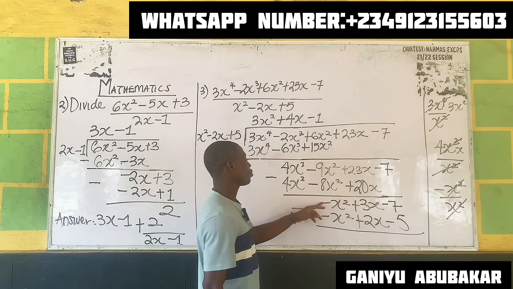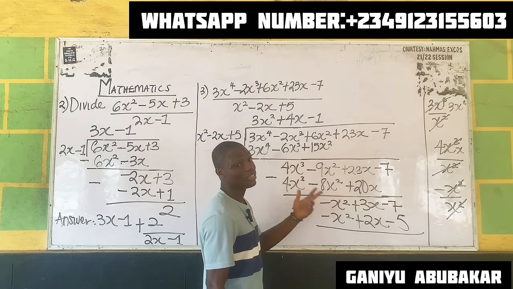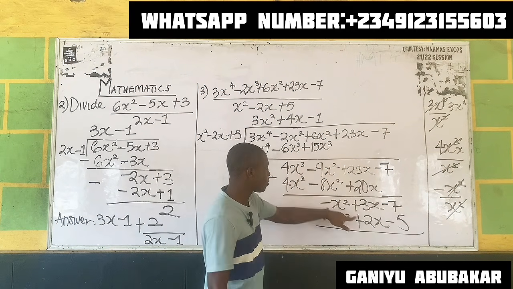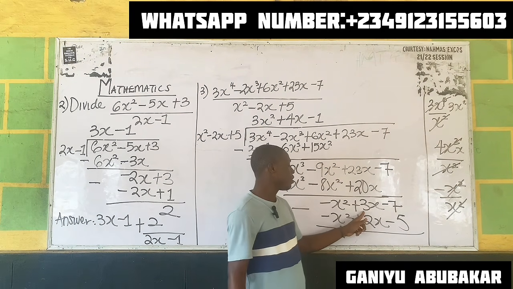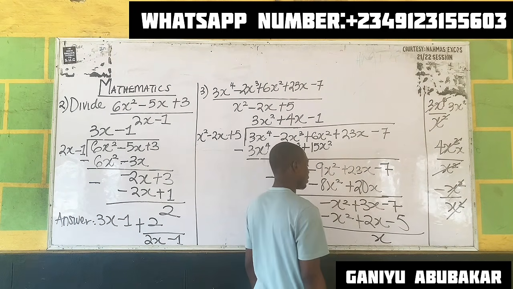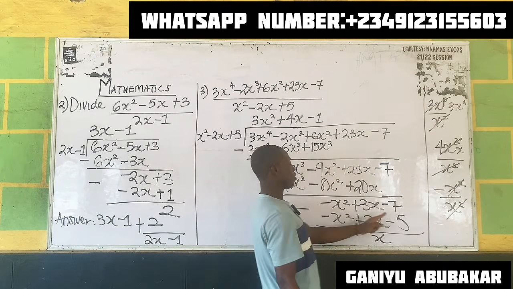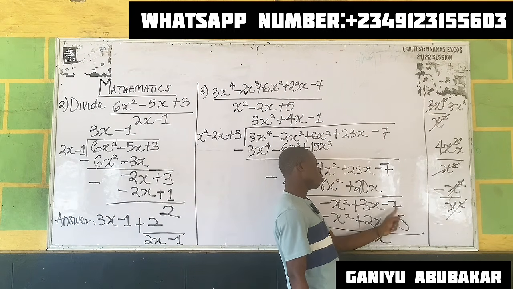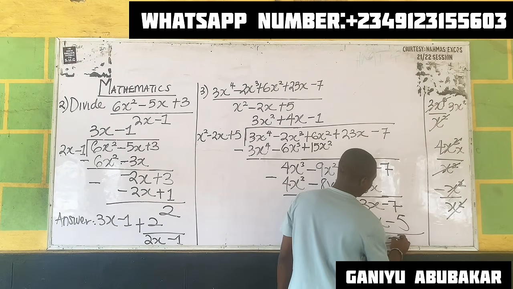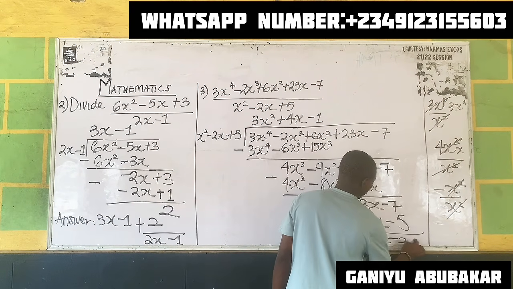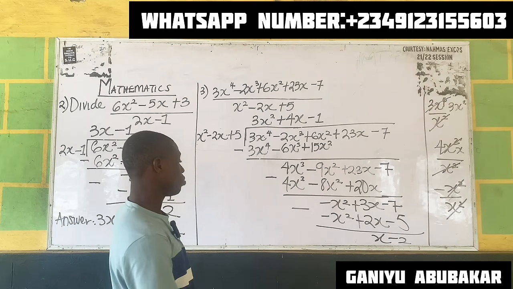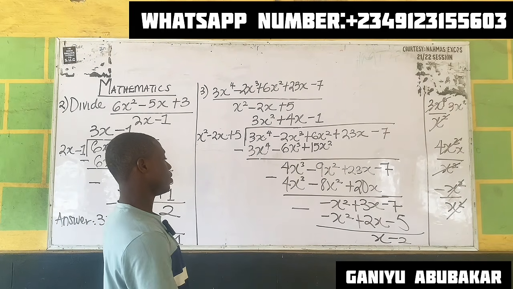So minus something plus that same thing is 0. So minus x squared plus x squared is 0. So 3x minus 2x gives you x, right? Minus is positive, so that's last plus 5. So minus 7 plus 5 gives you minus 2.